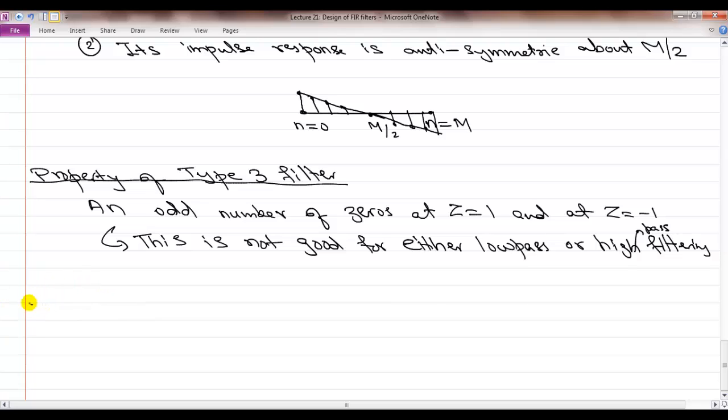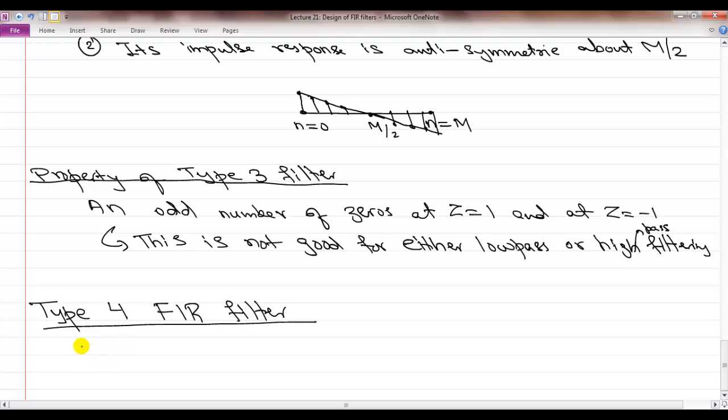Let's go to the type 4 filter. And that is just what the relation was of type 2 to type 1.